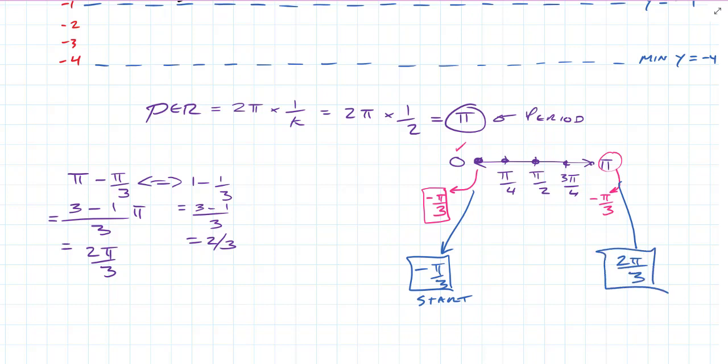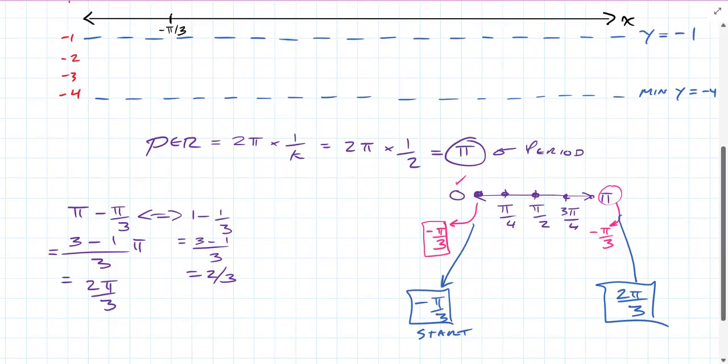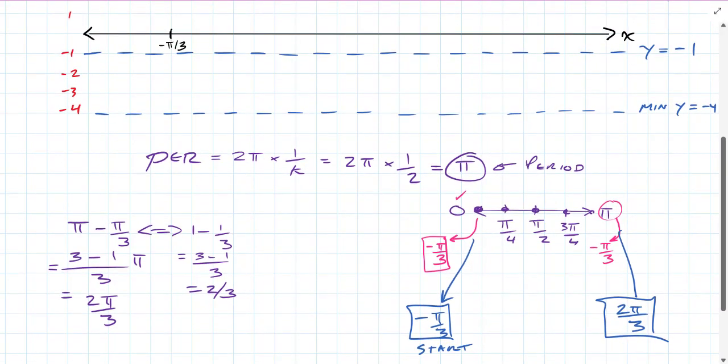I don't know if that'll work out well or not, but let's try. 1, 2, 3, that's 0. Let's add a third: 1, 2, 3, pi over 3. Add another third: 2 pi over 3. So I've come up with a scale. I'm trying to stretch it out, so try to use up some of your x-axis. You don't want to crush it all together. In my scenario, every 3 squares is pi over 3.